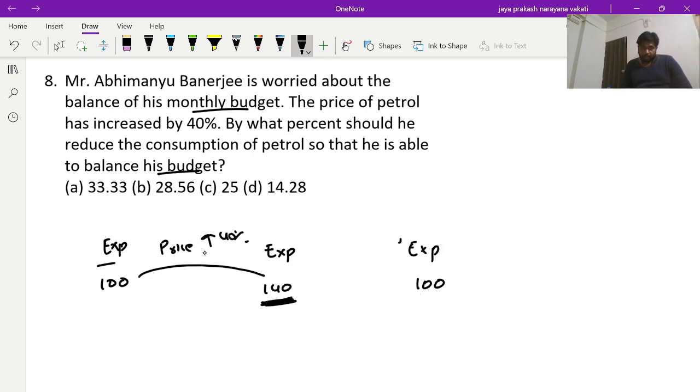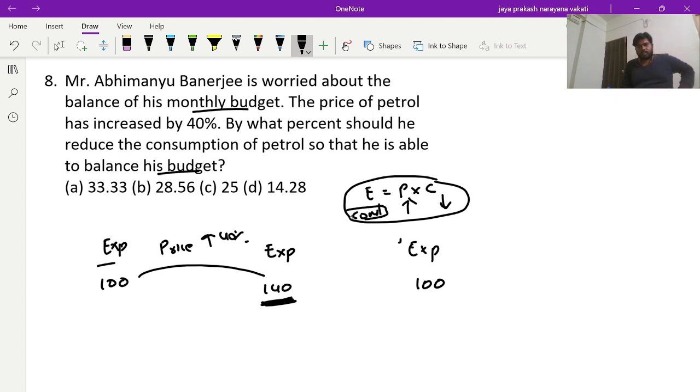That means expenditure equals price into consumption. So if expenditure is constant, then obviously consumption, the number of liters which you buy, should decrease. Then only you can spend the same amount this month also. So now 140 should get back to 100. So how much do you need to reduce? Minus 40, upon what? 140.